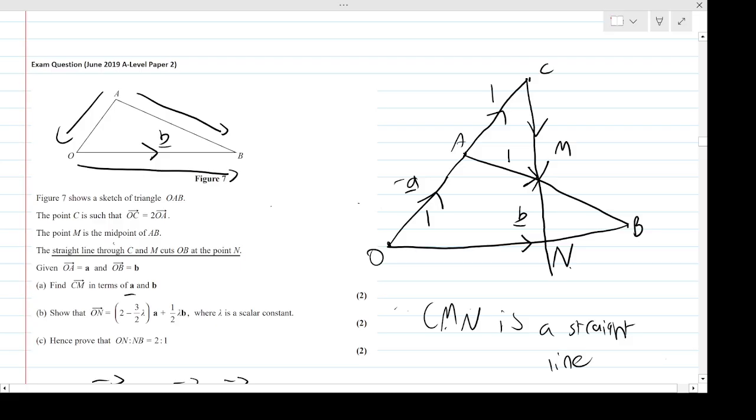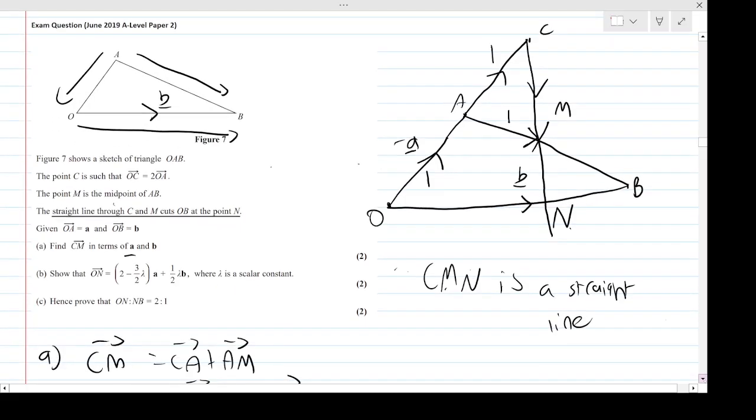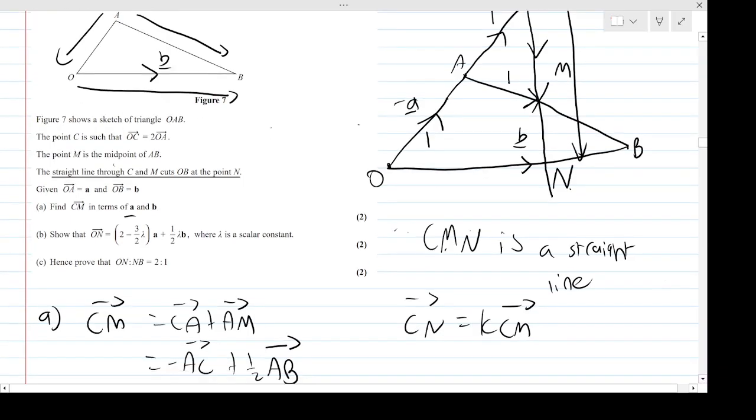So the vector C to N is going to be a multiple of C to M, so it's going to be K lots of CM.